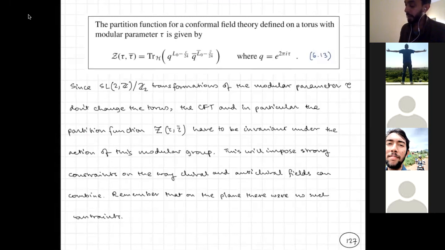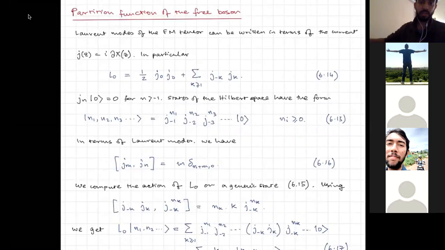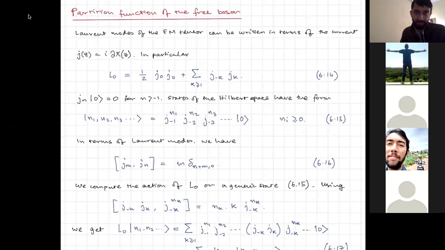Today what I want to do is show you examples. We will start off with the example you have looked at in some detail, the free boson. When we were doing string theory, we repeatedly went back to this. So let's look at the example of the free boson.